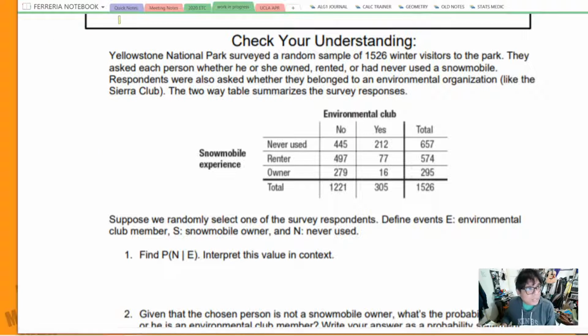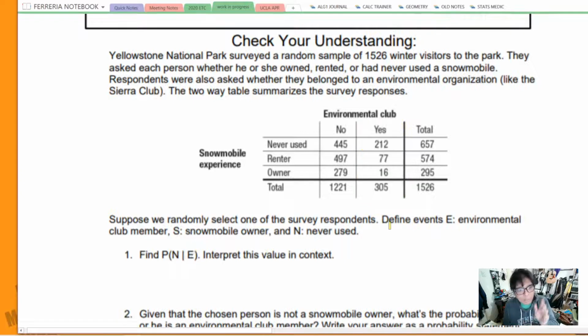Okay, let's start highlighting things. E, that's environmental club member. So that's yes, they are an environmental club member. So what's the probability of N given E?